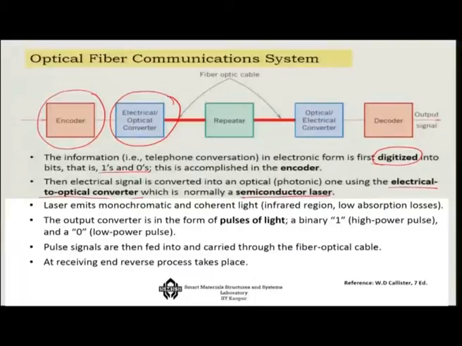That means the light will be of a single frequency in most cases, although there are some applications today of multiple frequencies, and it will be coherent. That means there will be no phase difference between the individual light signals. So it will carry the information in a very cohesive manner over a very long distance.